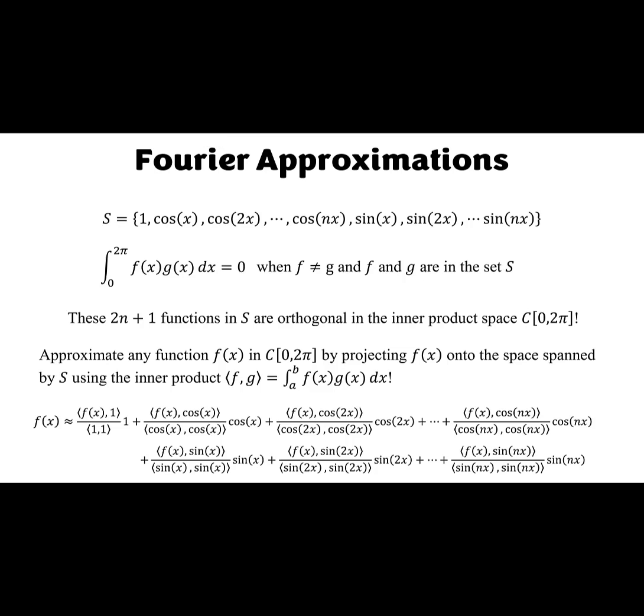It has the same exact structure. We're just using this generalized idea of an inner product to find the closest you can get, using sine and cosine and the constant function 1, to the function f. So this is the main takeaway from Fourier approximations.